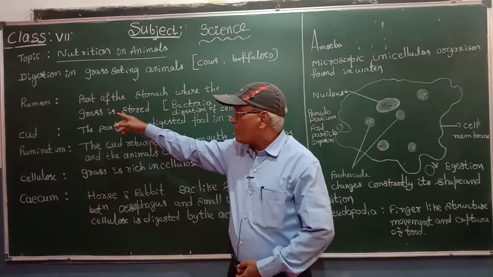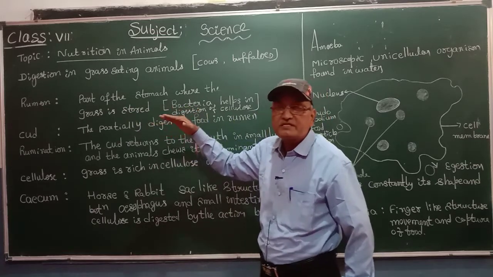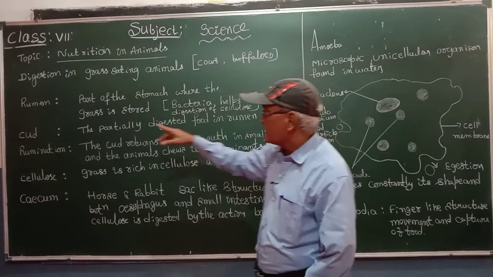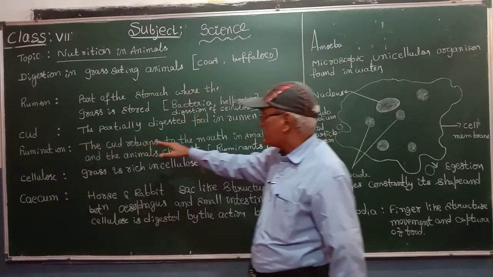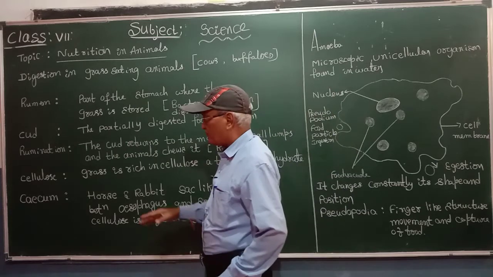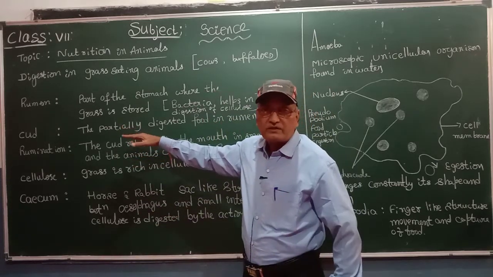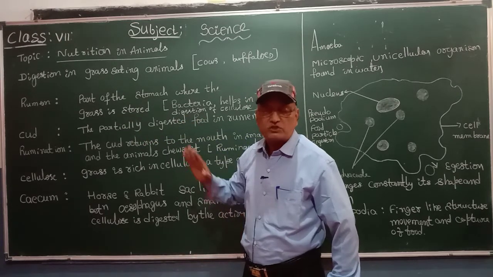In the rumen, this food is partially digested. That partially digested food we call cud. The animal won't eat still more when its stomach belly is filled, it stops.